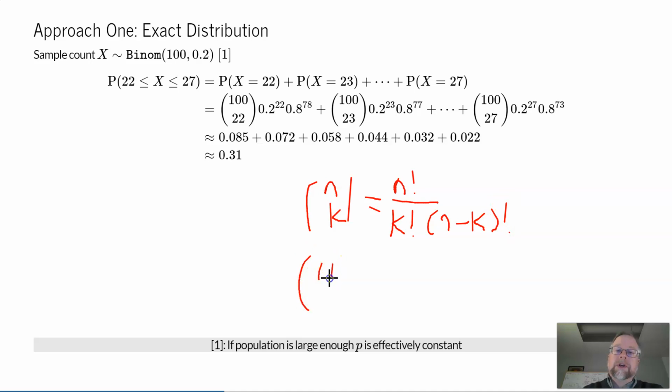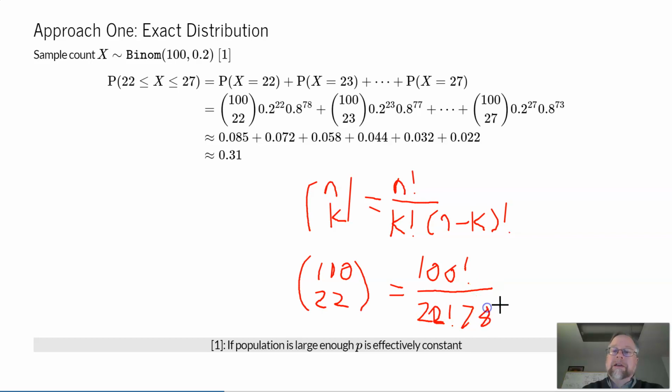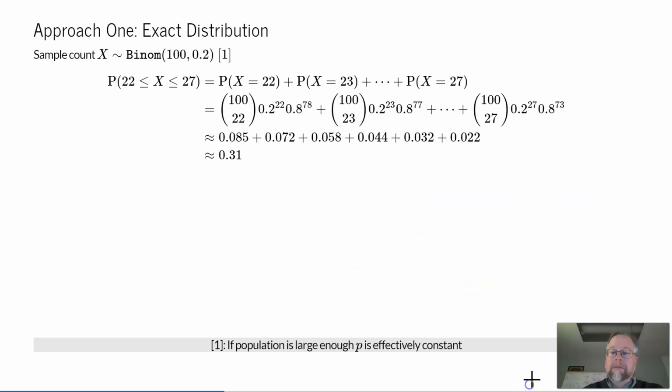So 100 choose 22 is 100 factorial divided by 22 factorial times 78 factorial. Not a coincidence that those numbers are the same as these.